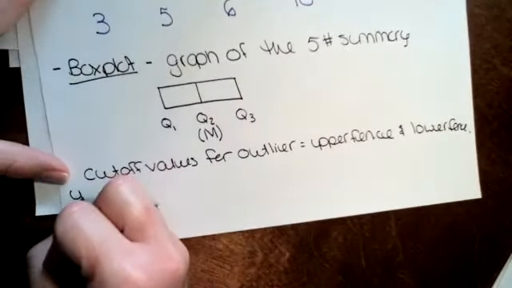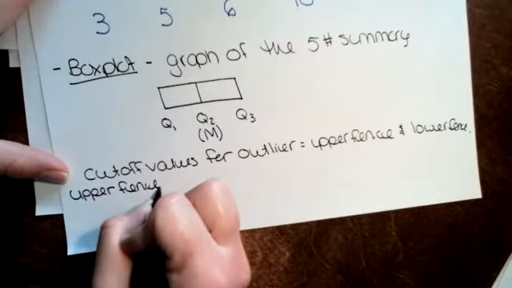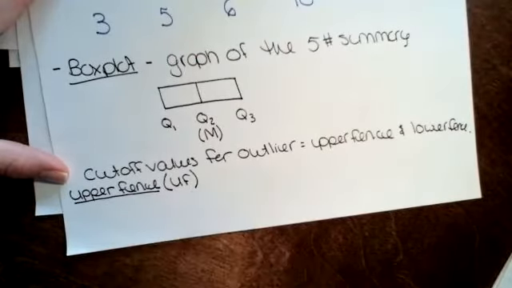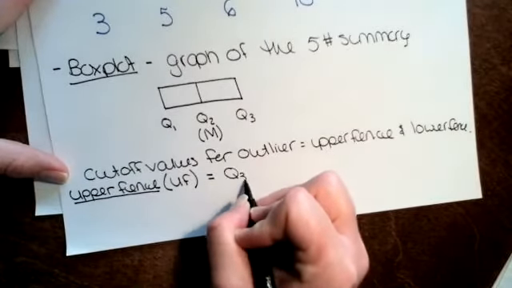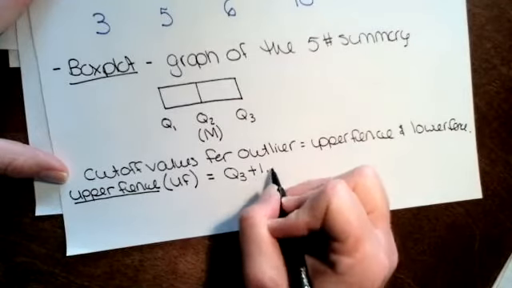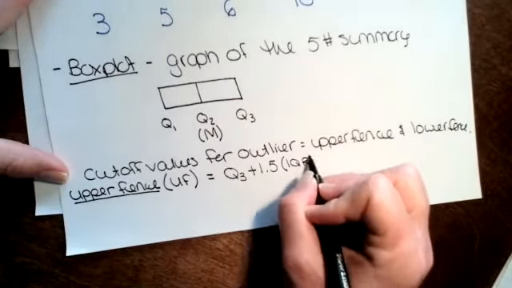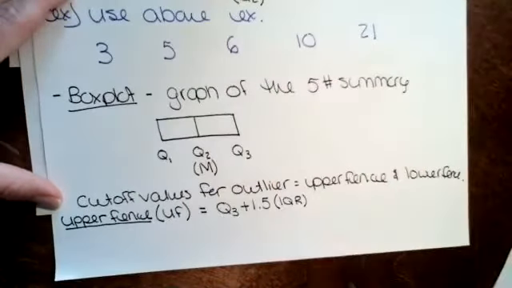So let me tell you how to calculate these. My upper fence, and of course I abbreviate, you'll notice I do that all of the time, just to save some time. My upper fence is going to be equal to quartile 3 plus 1.5 times my IQR. All of this information can be gathered from my 5-number summary.